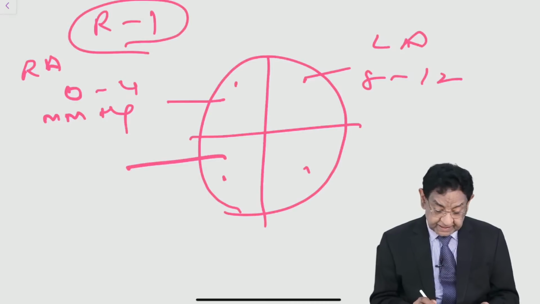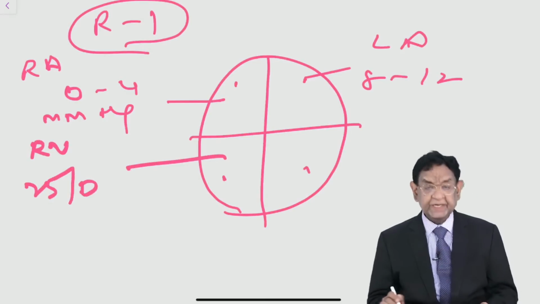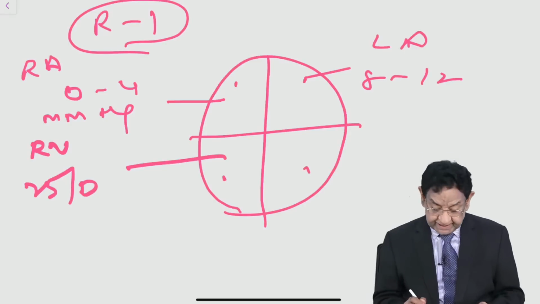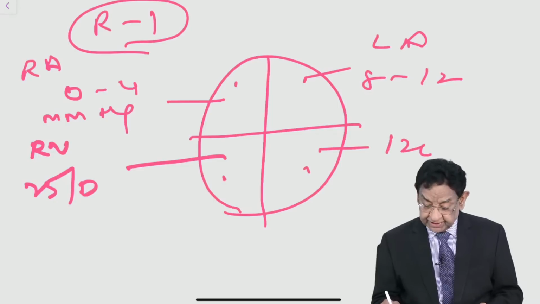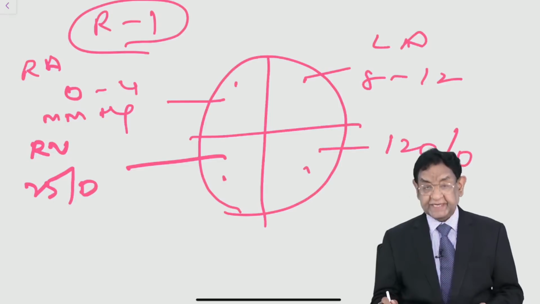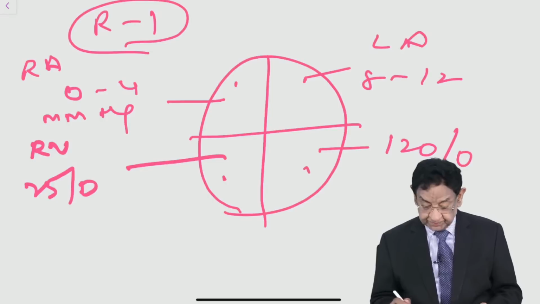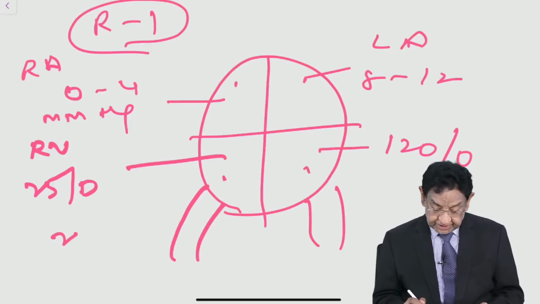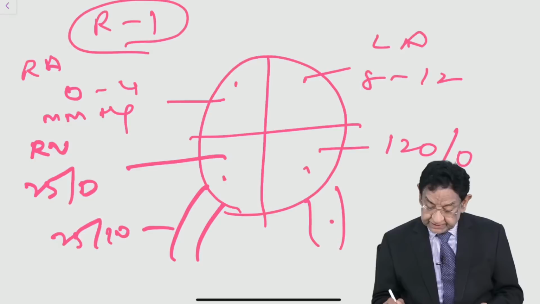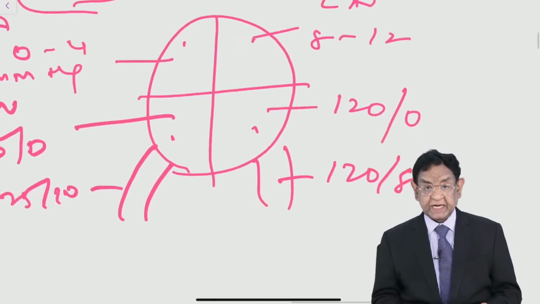Pressure in the right ventricle, 25 by 0. In fact, it is 0 to 10, but for ease I'm writing 25 by 0. Here in the left ventricle it is 120 by 0. Again, 0 to 10, but I'm writing 0. This is the pulmonary artery, 25 by 10. This is the aorta, 120 by 80. These are the pressures.